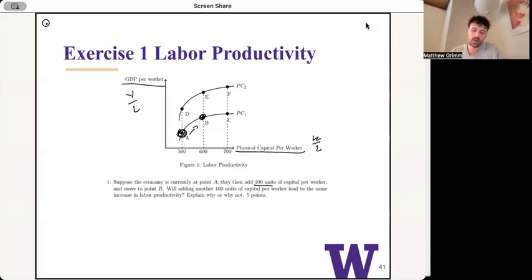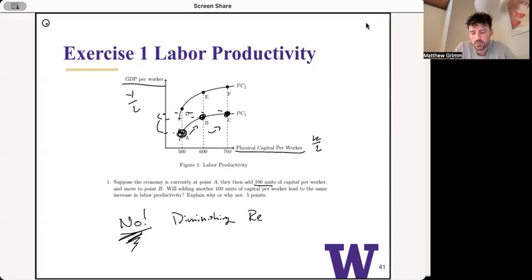Okay, so if we increase capital again by 100 units, that'd be going from B to C. Okay, and then the question that they're trying to ask is this jump the same as this jump? And the answer, just by looking at the graph, you can say it's no. Why is it no, though? It's because we have this diminishing returns. Returns to physical capital.